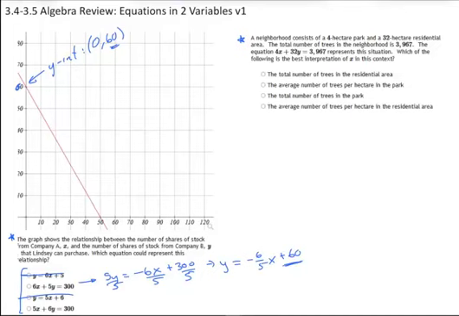Now, we just need to verify that that doesn't happen on the last one. So if we isolate our y here, subtract 5x from both sides, and then divide by 6, we get y is equal to negative 5/6 x plus 50. So this identifies that the only possible solution would be that second equation.